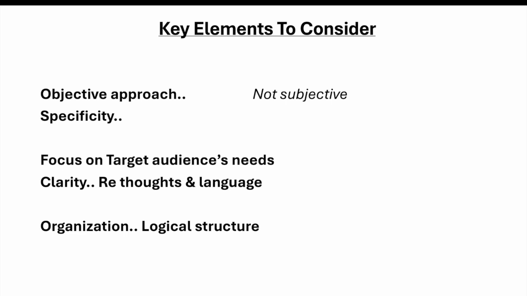Clarity regarding his thoughts, regarding the language he has used. And then organization. That means the writer needs to follow a logical structure of the review report. He does not have a free hand to write according to his mood or own mode, but he has to follow a logical structure.